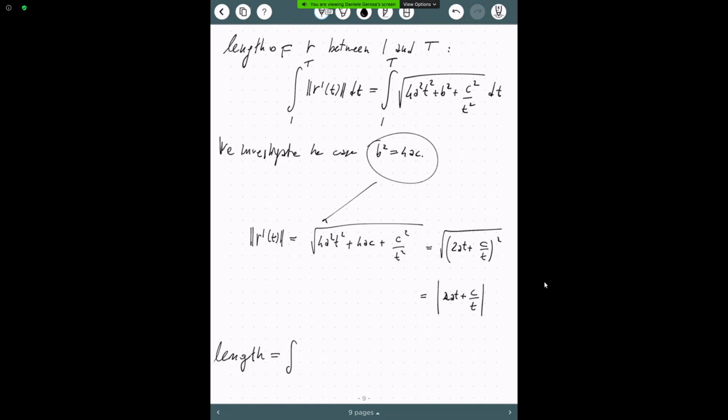Okay, so the length is now the integral between 1 and capital T of the modulus of 2at plus c divided by t.